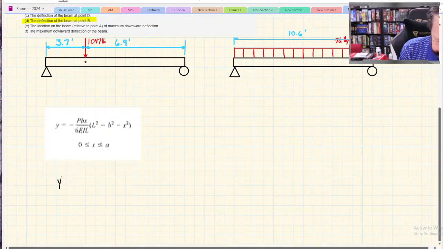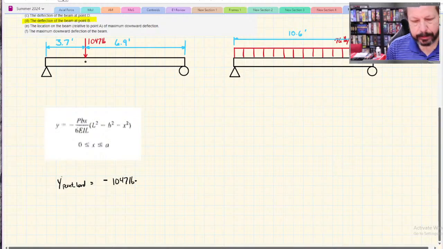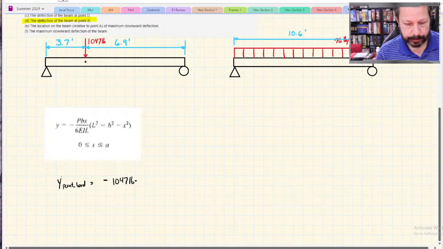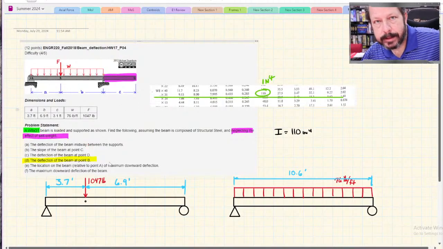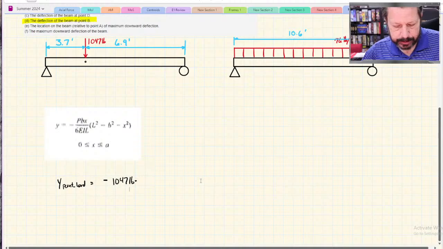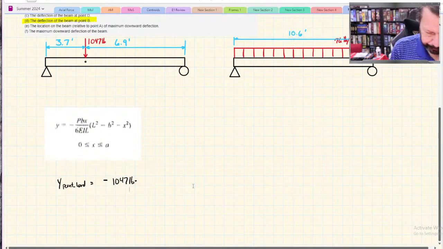So y from the point load equals negative P, the value of the force, times b, which is the smaller distance, 3.7. Now these are feet, right? Yeah, these are feet. So I do need to make sure that I'm dealing with my units if I'm doing this by hand.